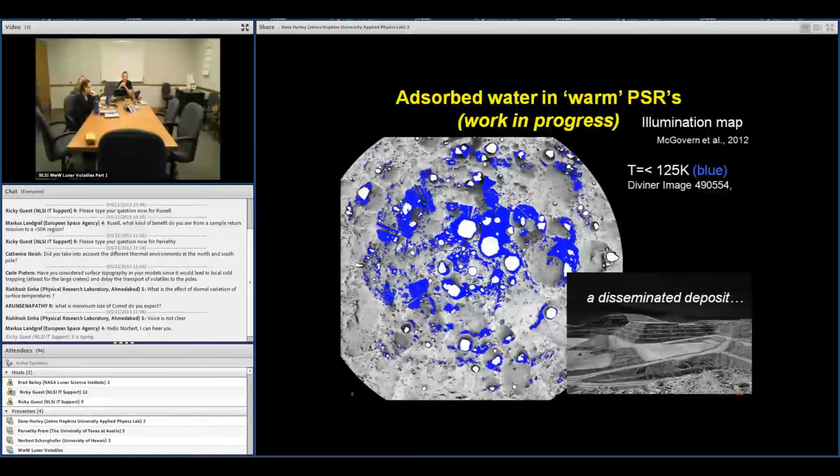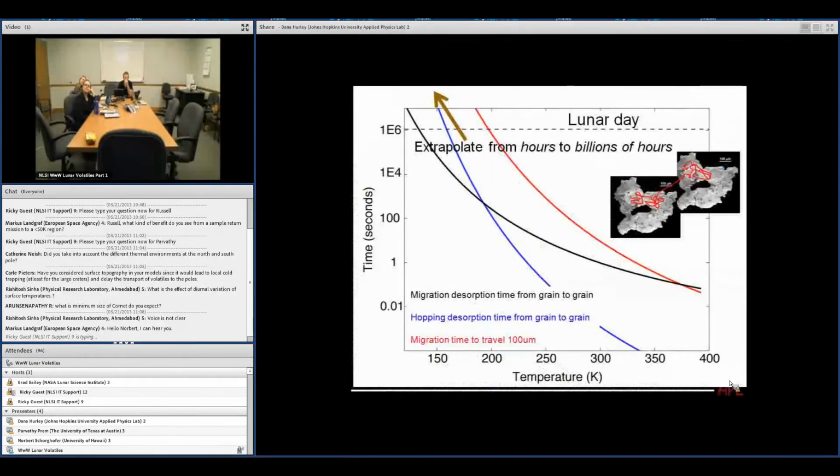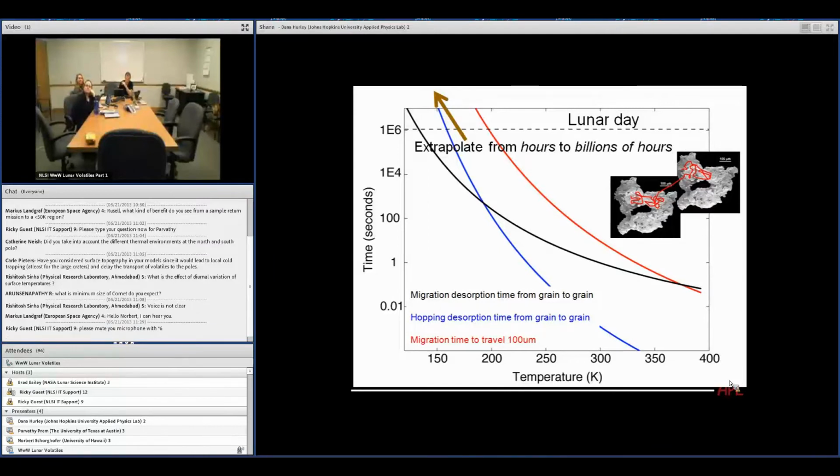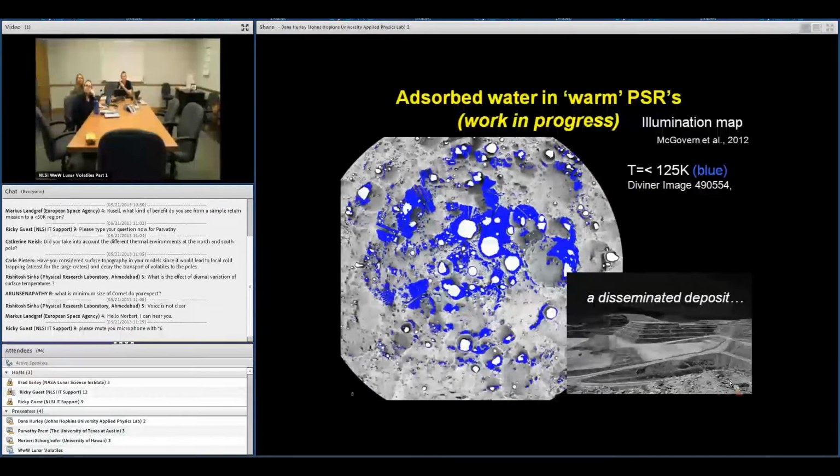What we have here is a cartoon, so don't look at it too closely. But if you go back a little bit, you can see at 125 Kelvin, stability will be quite long, especially for migrating water molecules.